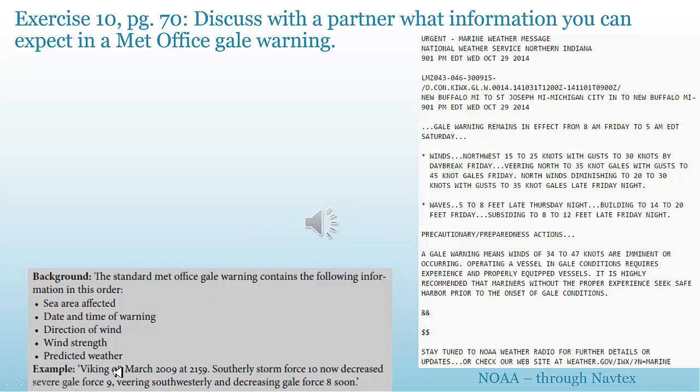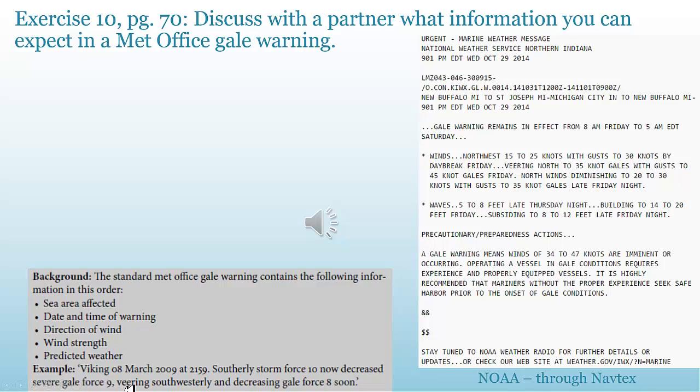So for example, Viking, 08 March 2009 at 21:59 hours, southerly storm force 10. So here comes the Beaufort scale in the British weather reports. Storm force 10, saying Beaufort scale 10, now decreasing severe gale force 9.